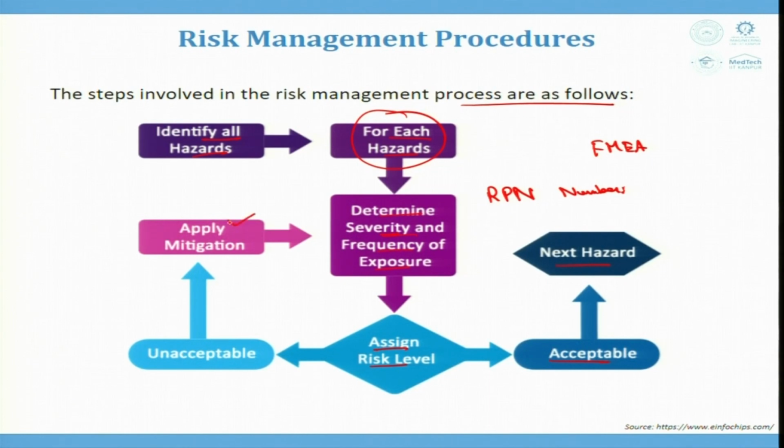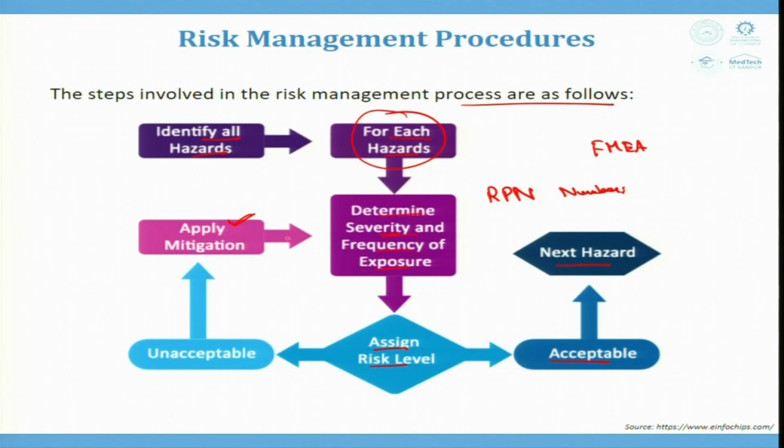And if it is not acceptable, we try to go for the mitigation of the risk, that is we try to reduce maybe the ranges which are given for the voltages, or we try to improve the quality of the material. So, mitigation is applied and again we try to determine the RPN number. This is how the cycle keeps on running until we get an acceptable RPN number for the specific hazard that we are trying to work upon.